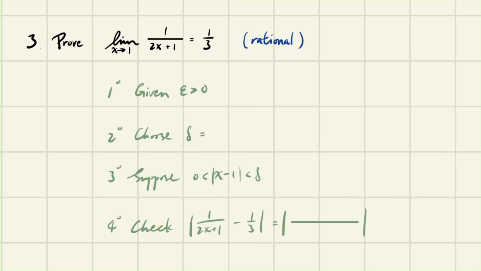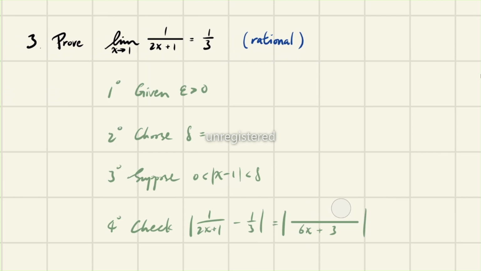So we get 3 times 2x plus 1, which I can rewrite as 6x plus 3. And on the top we get 3 minus our 2x plus 1, which is 2 minus 2x, right?